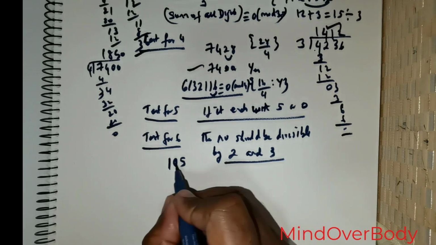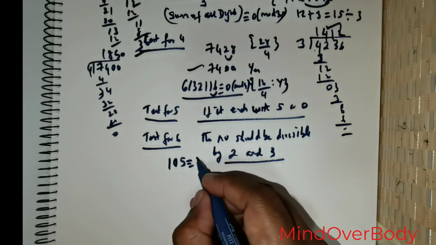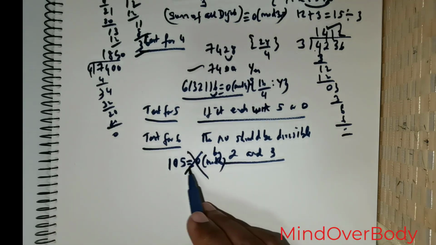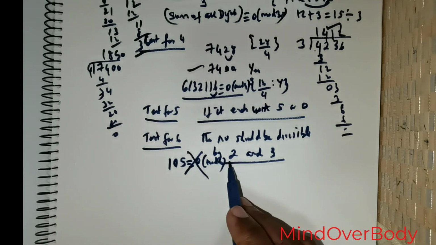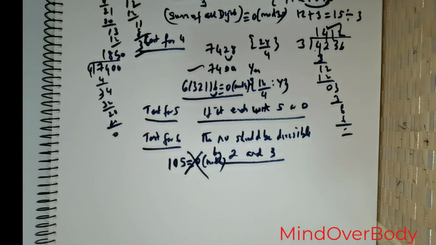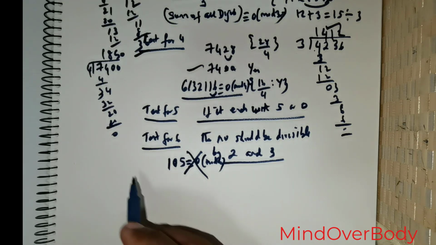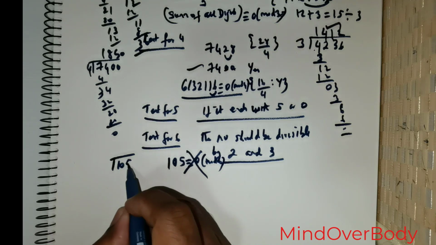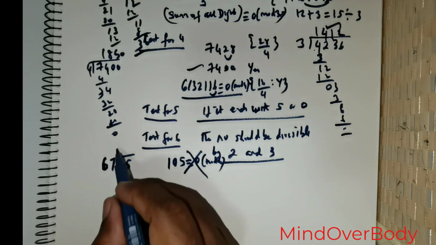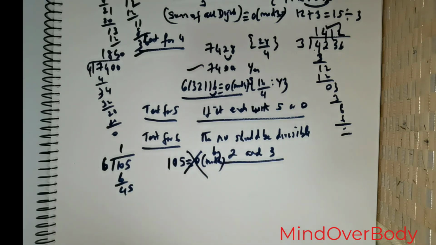So you're not going to get 0 mod 6 in this case. 105 is divisible by 3, but it isn't divisible by 2. 105 is odd, 5 is an odd number. So that in turn would mean 105 is not divisible by 6. If you check it with 6, 6 ones are 6, I have a 45, and no, it's not going to work out.